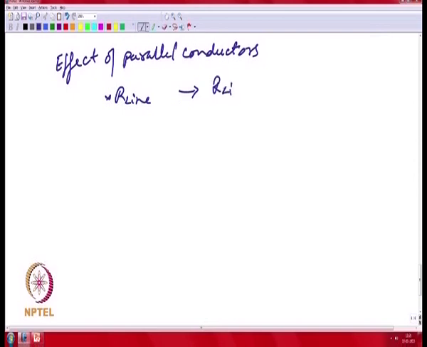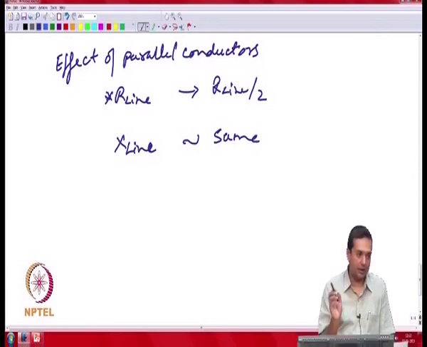So, it becomes R line by 2 and your X line stays roughly the same. So, your X value does not change because your loop areas are not significantly different for the current conductors.